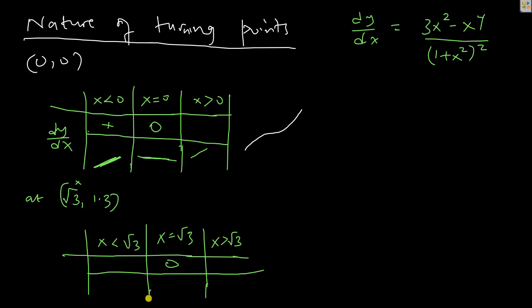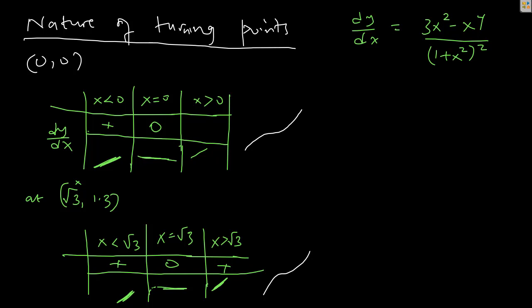Let's get any value that is less than root 3 and substitute it here. That's always going to be positive since all these are even powers, so it's increasing. If I get any value greater than root 3 and substitute it here, that's also going to be positive, so it's also increasing. So I also expect a point of inflection at that point that looks like this.